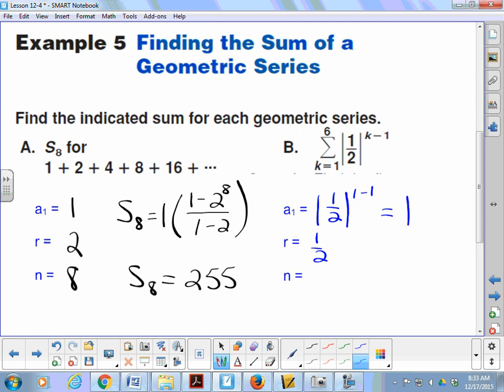Now if it said something like sum k goes from 1 to 8 of 2 times 3 to the k minus 1, then the value of r would be 3, because 3 is being raised to the power. The 2 is outside the parentheses, that's not being raised to the power. So in that case, the common ratio would just be 3. And we're trying to find the sum of the first 6 terms.